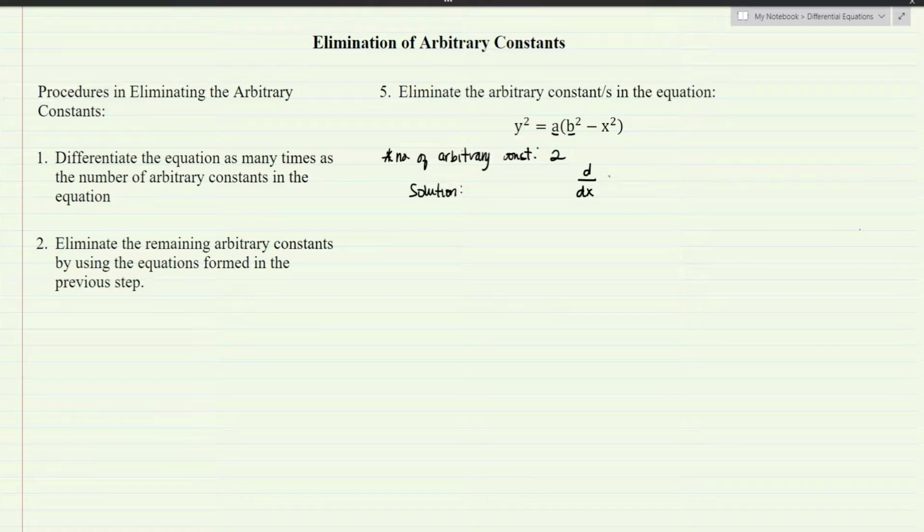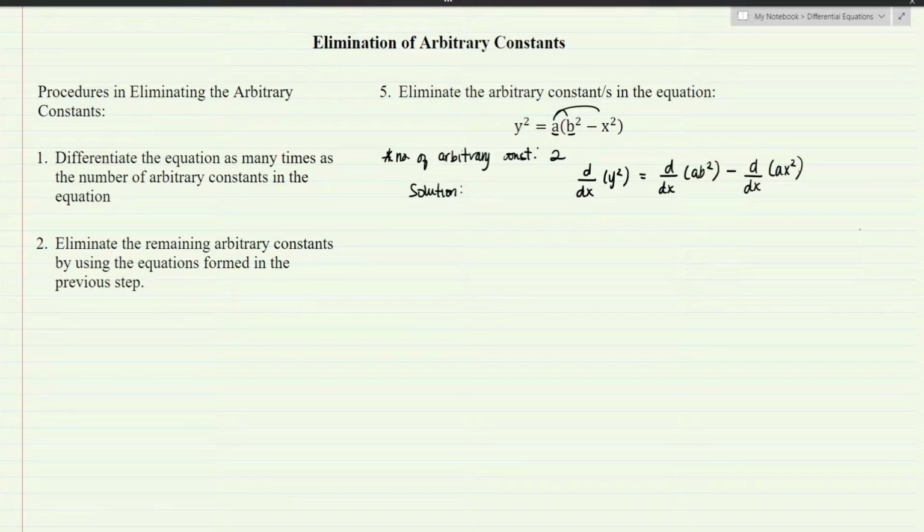So let's get the first derivative of y squared with respect to x, then followed by, before we get the derivative on the right term, it's better to distribute a on these two terms. So I would have here a derivative of ab squared, then minus derivative of ax squared.